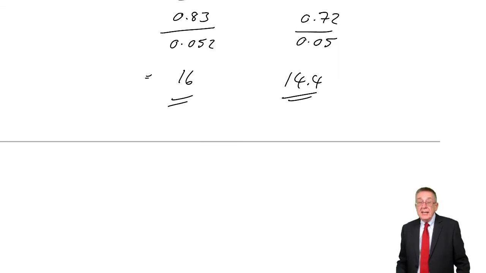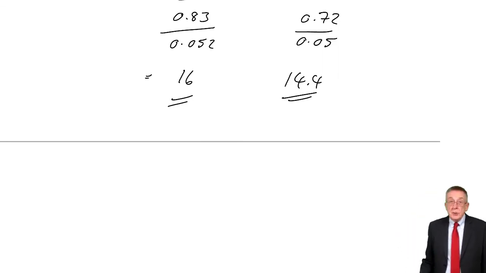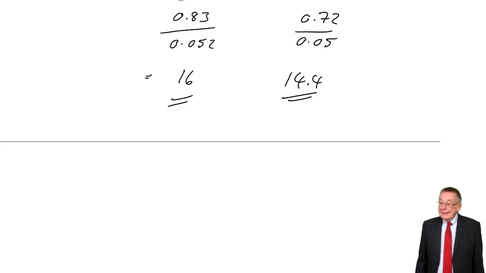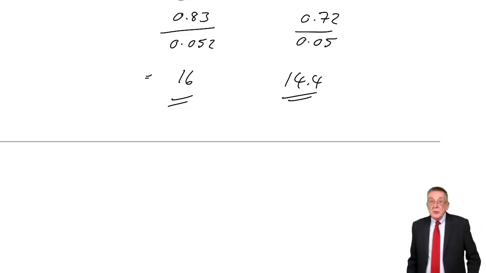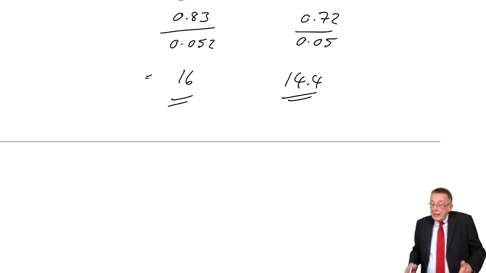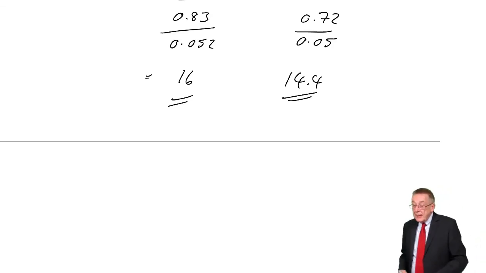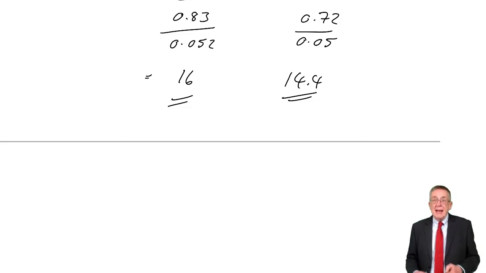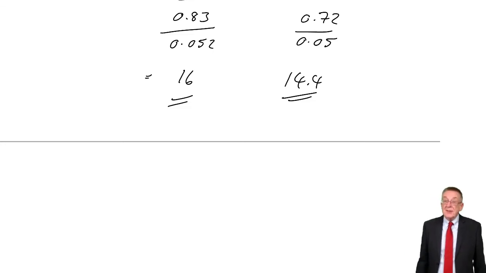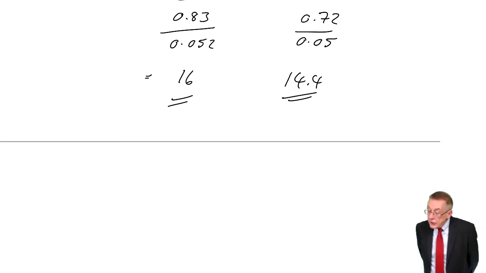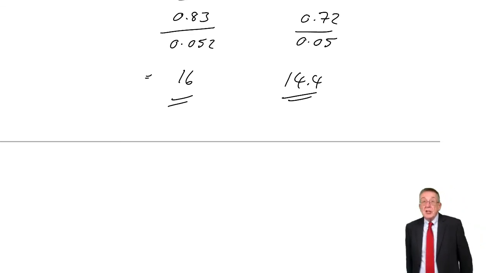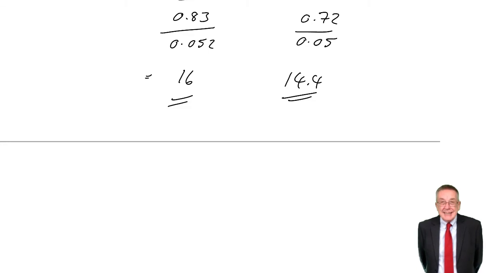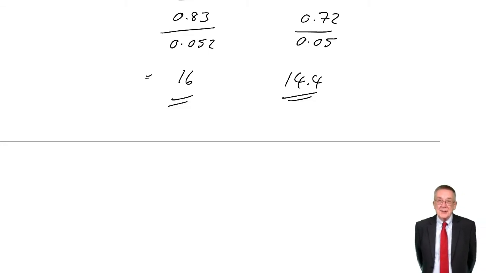So arithmetically easy, but I do need to say a few words about this. It is so important. It's printed in the newspapers, but what's the relevance of the PE ratio? You know, last year people were prepared to pay 14 times the earnings. This year, if they're buying on the stock exchange, they're prepared to pay 16 times the earnings.